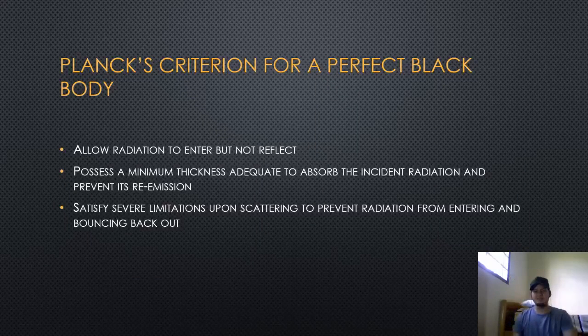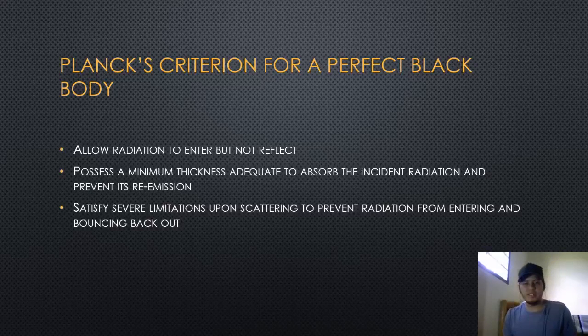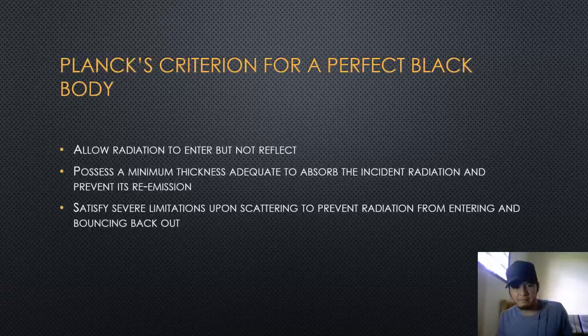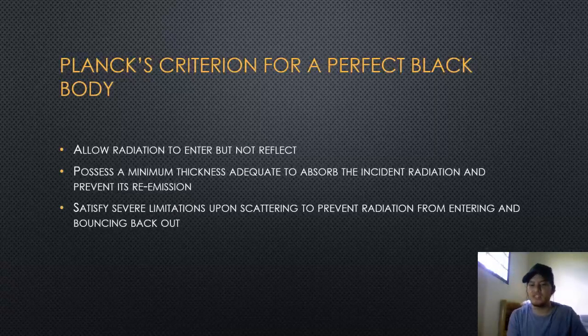From the Planck criterion, a perfect black body allows the radiation to enter but not reflect, possesses a minimum thickness adequate to absorb the incident radiation and prevent its re-emission, and satisfies the severe limitation of weak scattering to prevent radiation from entering and bouncing back.